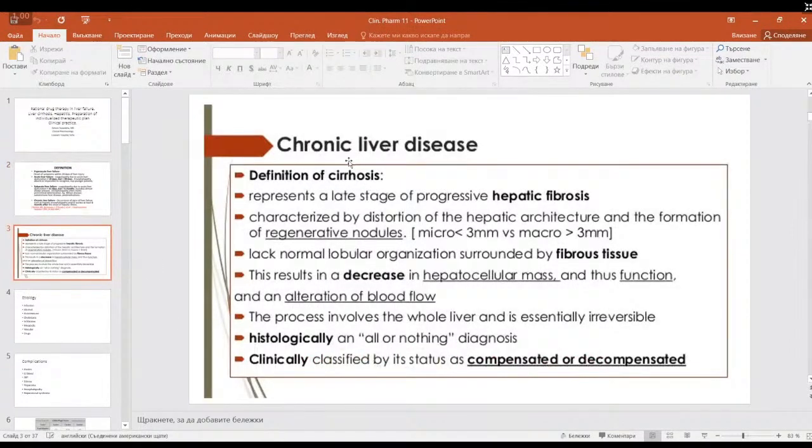In chronic liver failure, we mentioned that cirrhosis is the defining characteristic, and the defining characteristic of cirrhosis itself is hepatic fibrosis.